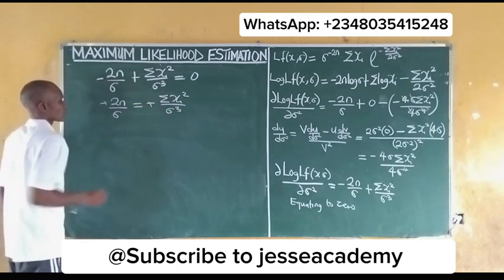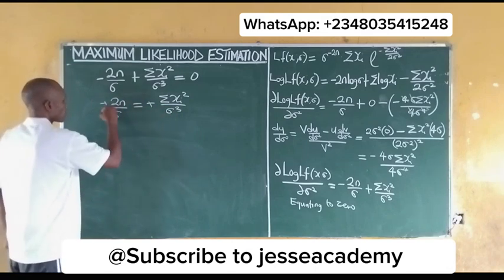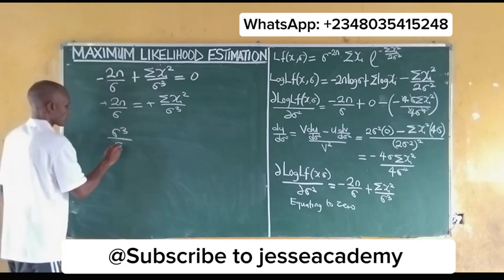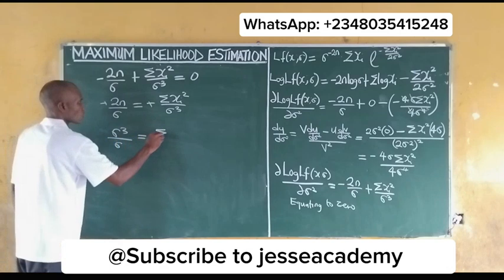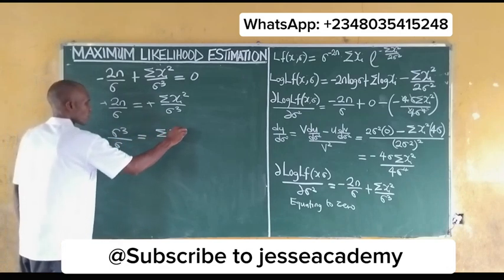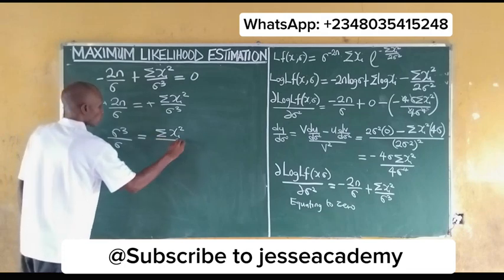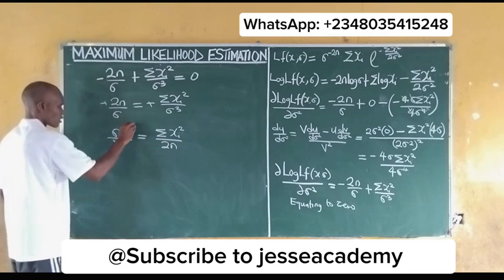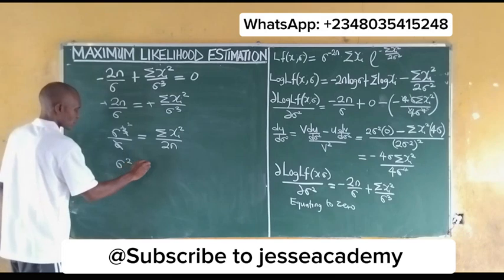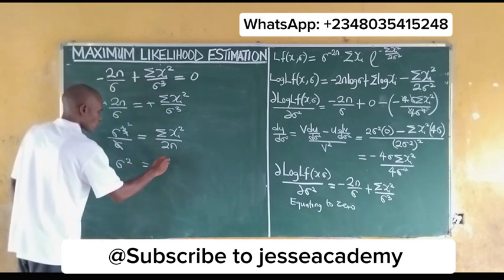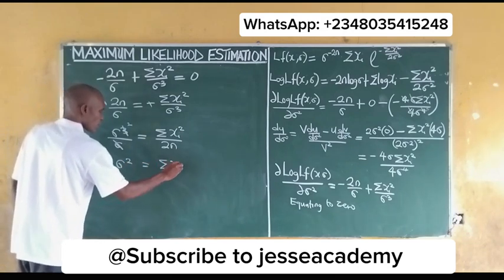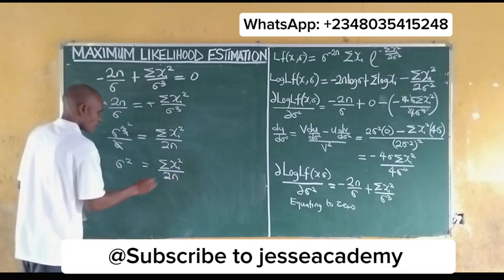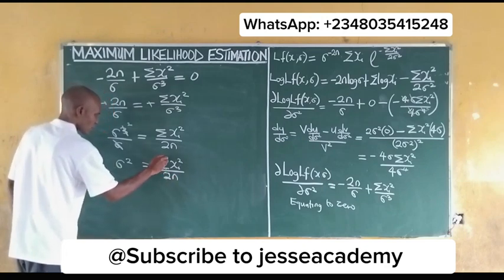So the negatives will cancel. We can now bring this here to give us sigma cubed all over sigma to be equal to summation of xi squared all over 2n. So this will give us sigma squared equal to summation of xi squared all over 2n, where i ranges from 1 to n.